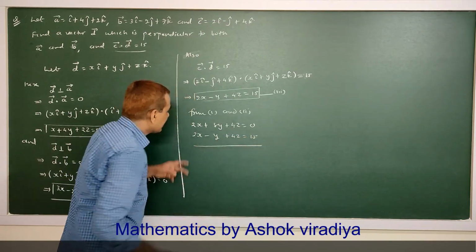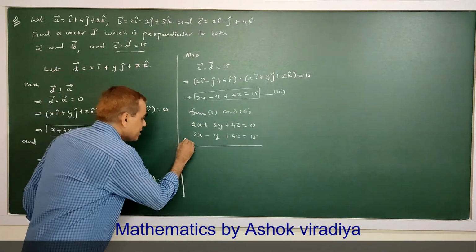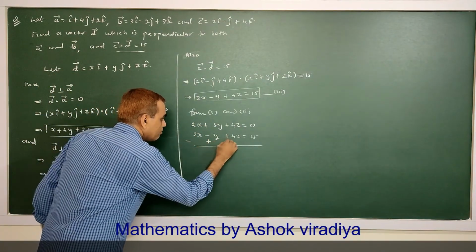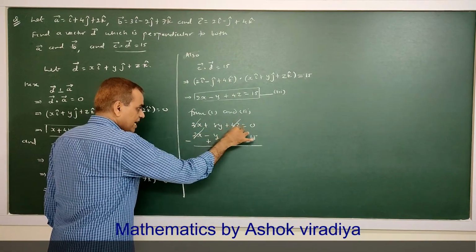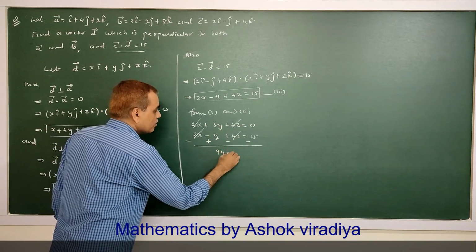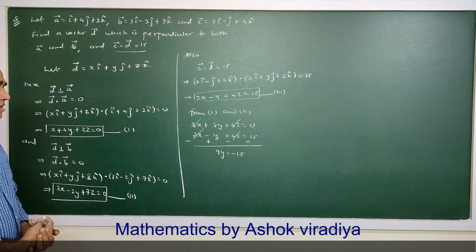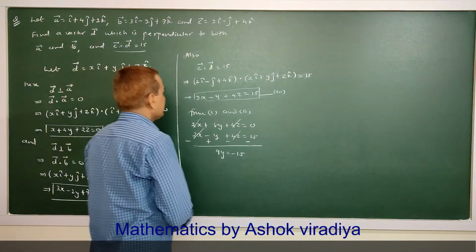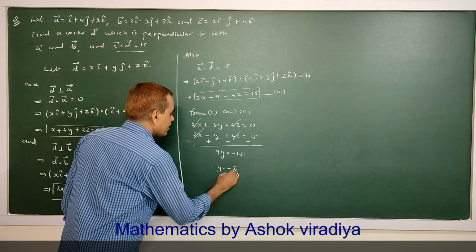Now taking subtraction, 4z is cancelled, 8 plus 1 is 9y equal to minus 15, therefore y is equal to minus 5 by 3.